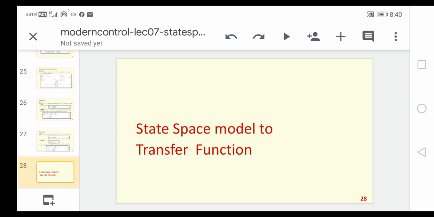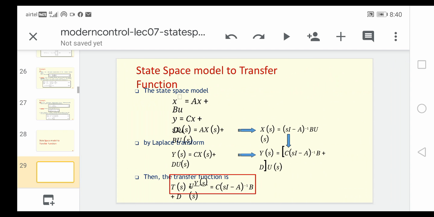State space model to transfer function. See, now I am giving you only the state equations, that is x dot is equal to Ax plus Bu and y is equal to Cx plus Du. Then how do you transform that into a transfer function? From this equation, first you need to apply the Laplace transform and then find the X of s value.